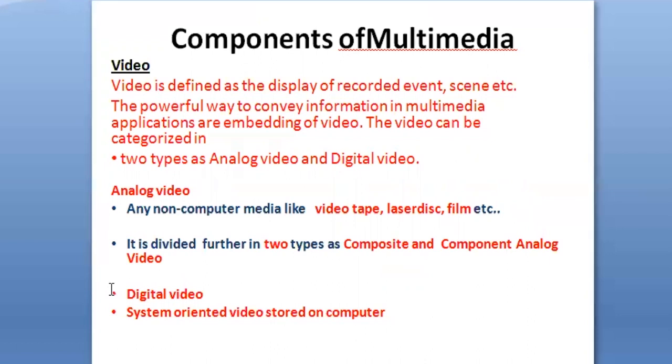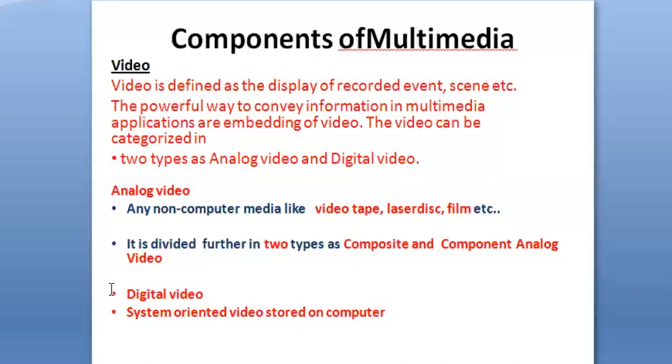Every event is recorded and can be seen. That we call video. And they say video is one of the most powerful ways to convey information in multimedia. They categorized video into two types: analog video and digital video.